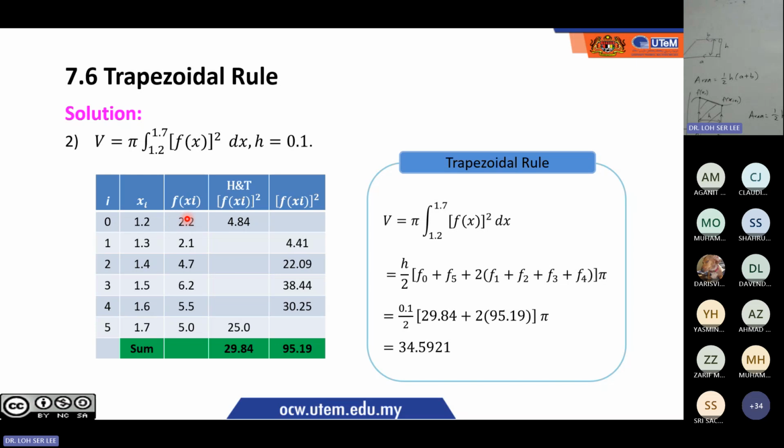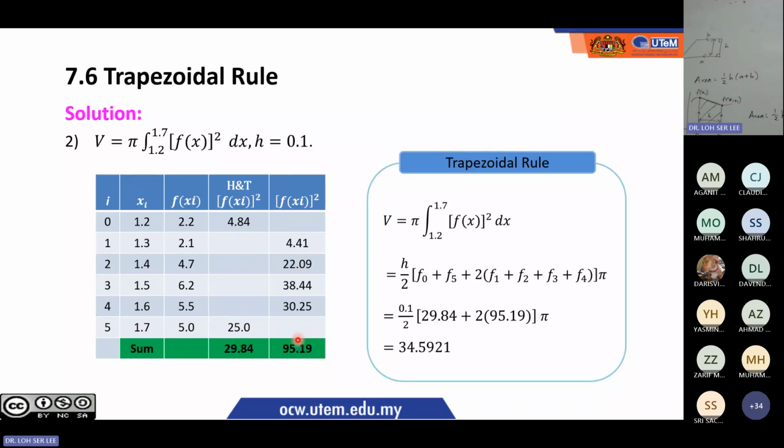After squaring, this is the head, and this is the tail. You sum these two up and you get this. For the rest, you square each of them and put them under this column. Sum them up, and you get this.